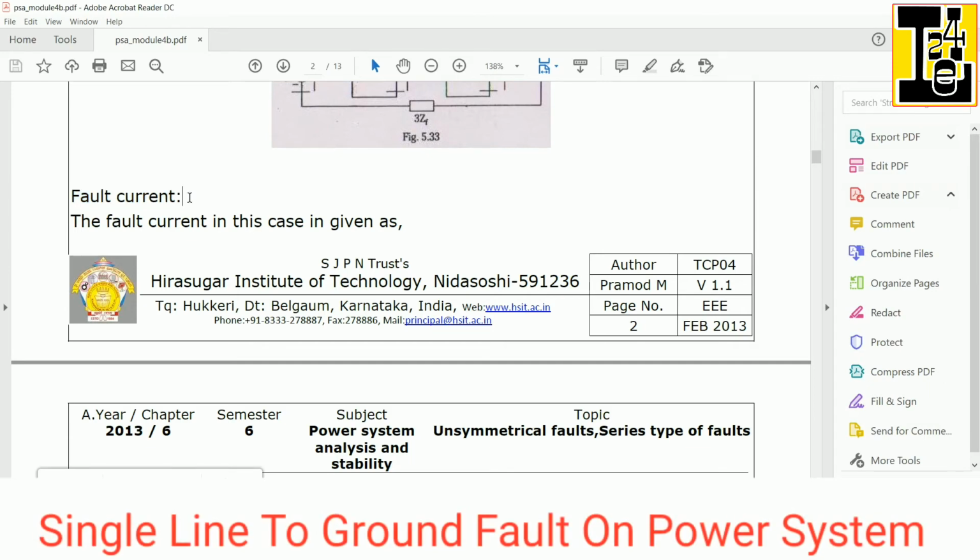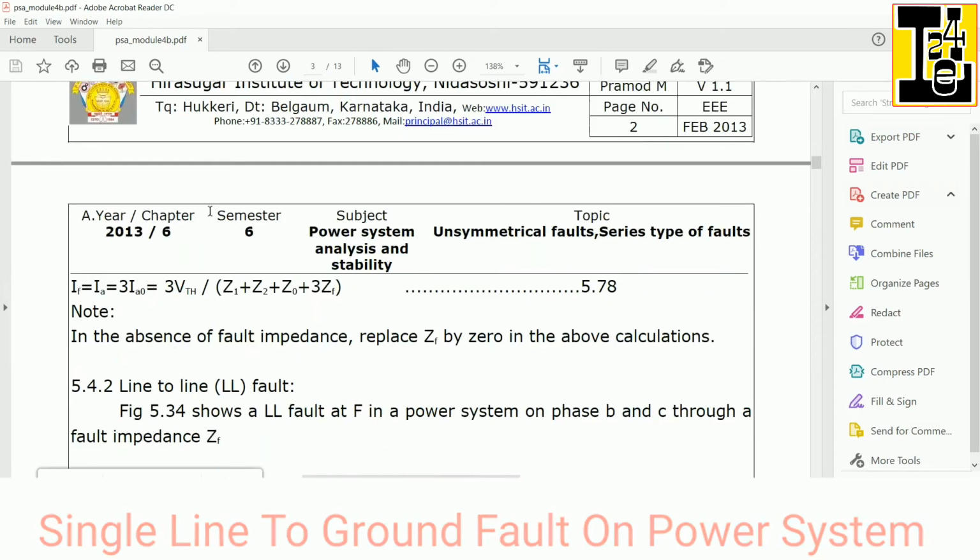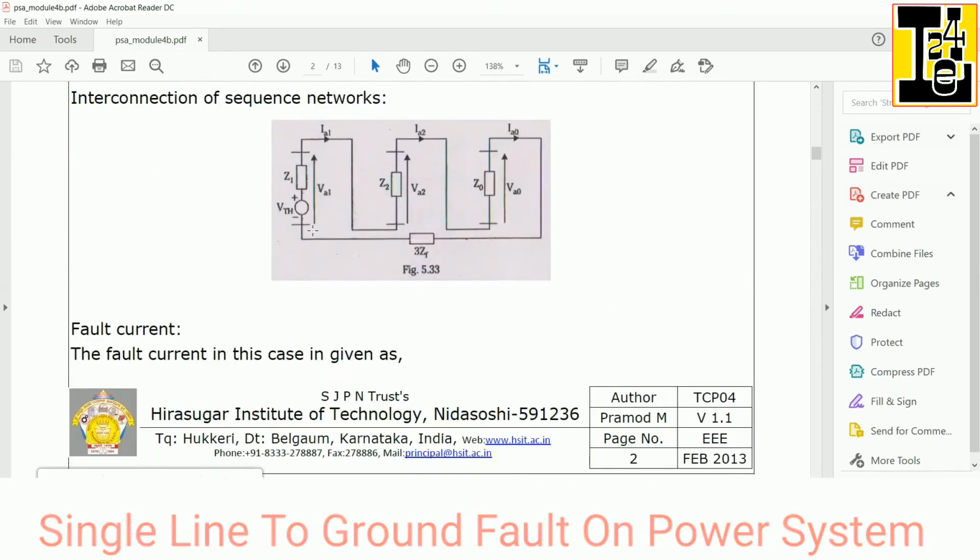Let us find the expression for the fault current. As fault is taking place at phase A, IF is equals to IA. IA can be further represented as 3 into IA naught. To get the expression for IA naught, we need to observe this interconnection of the sequence networks.